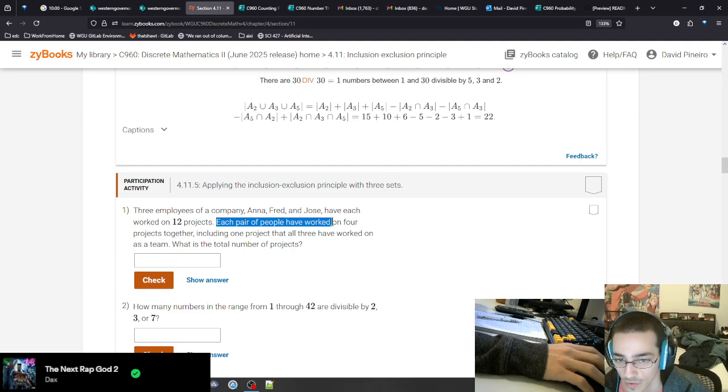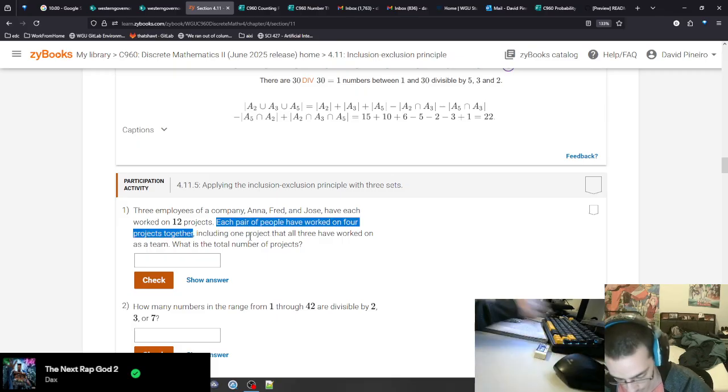Each pair of people have worked on 4 projects together, right? So Anna Fred, Fred Jose, and Anna Jose have each worked on 4 projects. Okay.